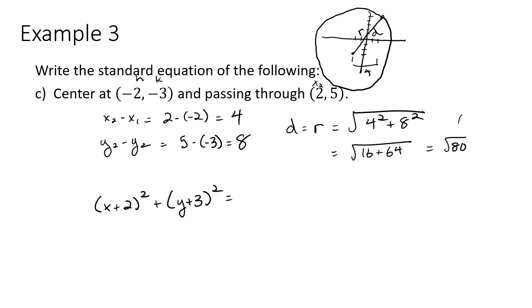And then here's why we didn't need to simplify r. It's equal to r squared, which is the square root of 80, squared. So the square root would just get squared away here. And so our final answer is going to be (x plus 2) squared plus (y plus 3) squared is equal to 80.